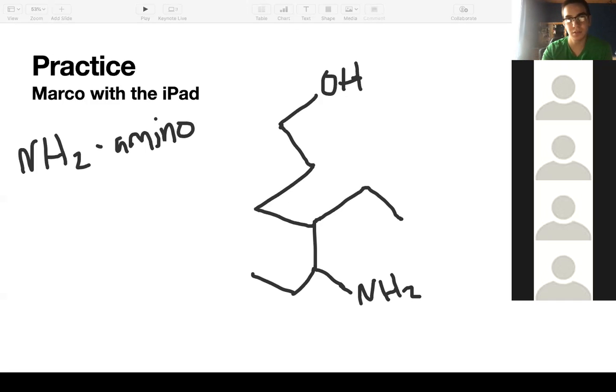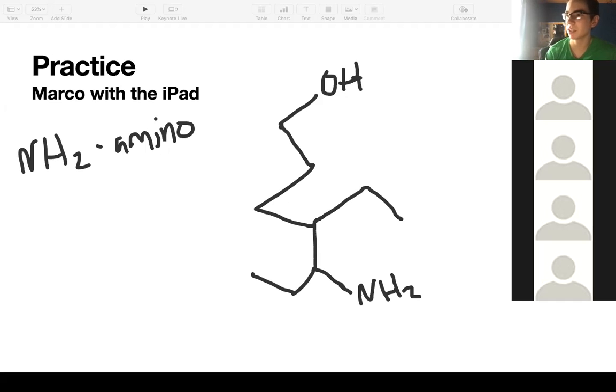I'm having a little trouble with my Wi-Fi, but I think it's 7. So Masha coming in to save the day. So 7. Oh no, you're good. I think Melissa was having some trouble. But yeah. So 7 is our longest carbon chain.